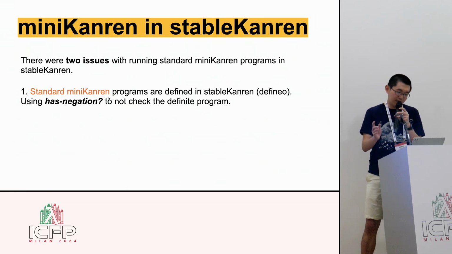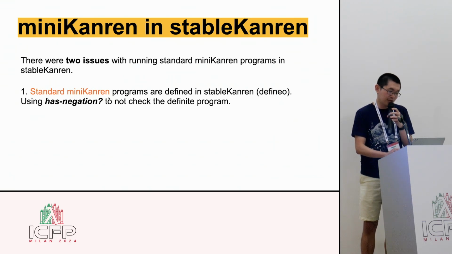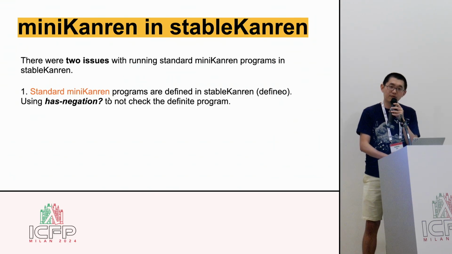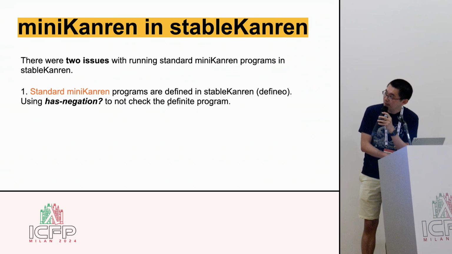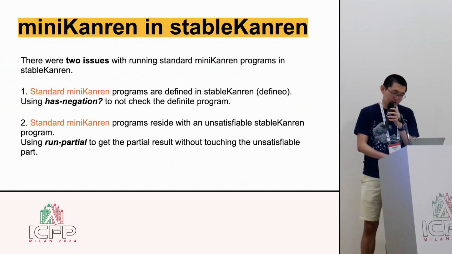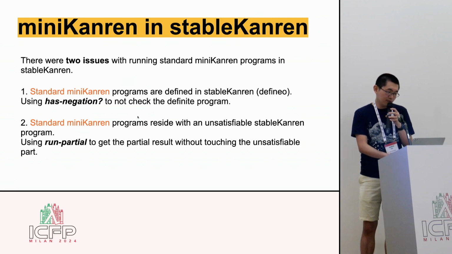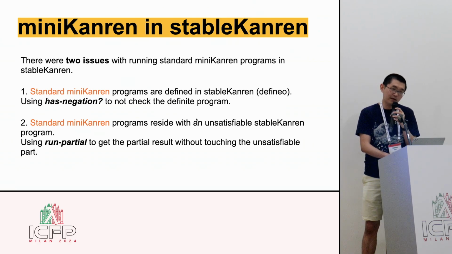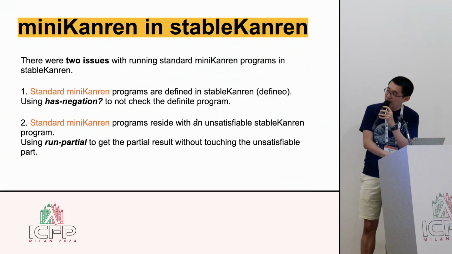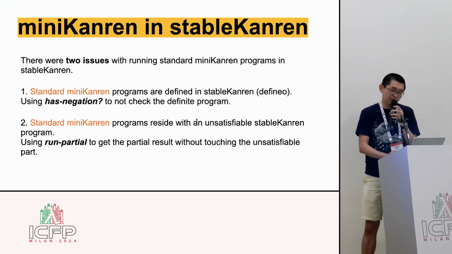If it has negation, we do the checking. If there is no negation, we do not check for the definite program, right? And the second is a standard miniKanren program residing with an unsatisfiable stableKanren program. We just use run partial to get rid of these extra checkings, and we can also produce a result for it.